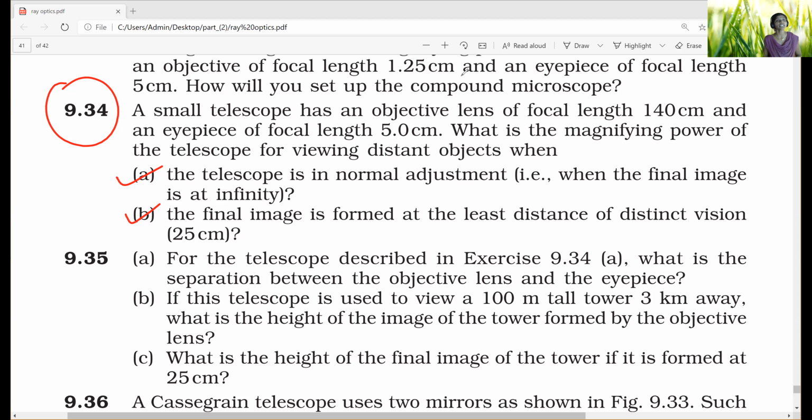What is the magnifying power of the telescope for viewing distant objects when the telescope is in normal adjustment, when the final image is at infinity? And B, the final image is formed at the least distance of distinct vision, that is 25 centimeter. So let us solve 9.34.